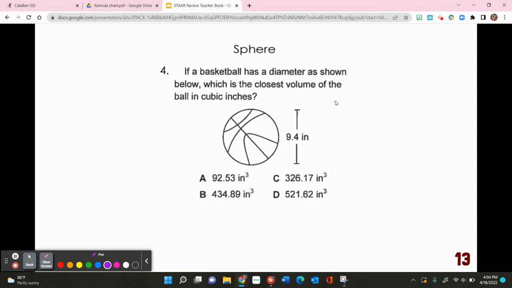So going back to your notes, we're going to use that formula, 4 over 3 times pi times r cubed. So looking at our basketball, we see that the diameter is 9.4. So if our diameter is 9.4, to find the radius, remember we divide by 2.